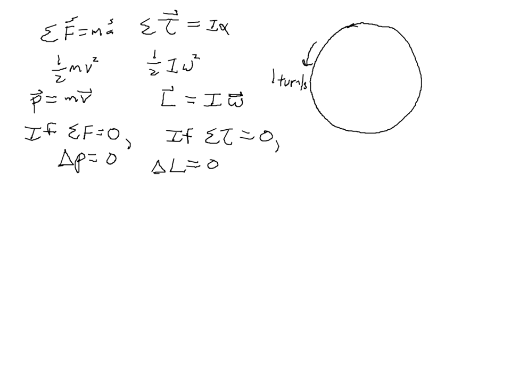And there's a boy who's standing out here 2 meters away from the center on the edge of the merry-go-round. Let's say that the mass of that boy is 50 kilograms. And let's say that the mass of the merry-go-round itself, the big platform, is 100 kilograms.